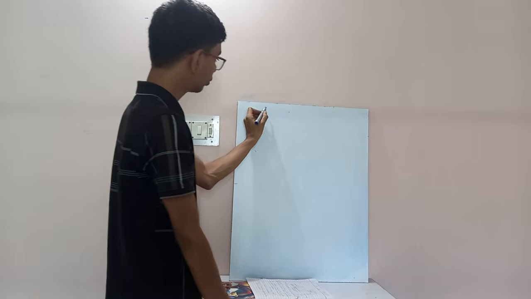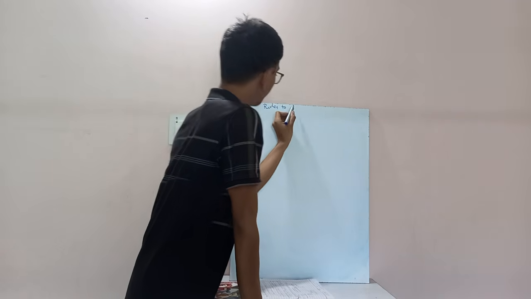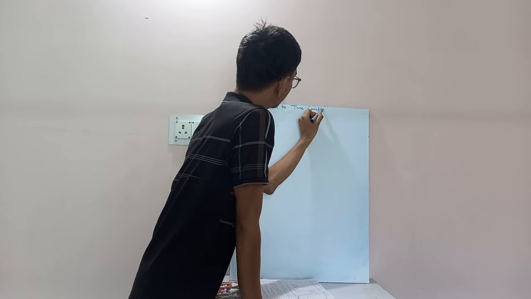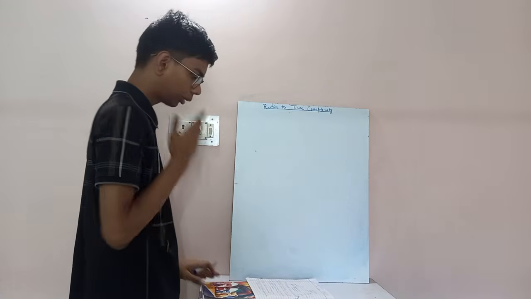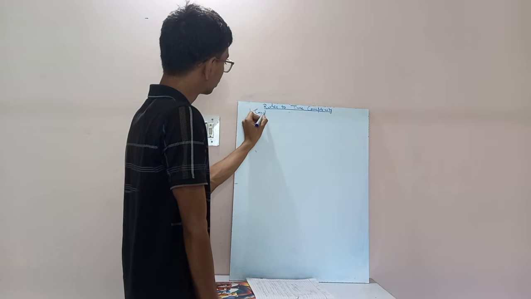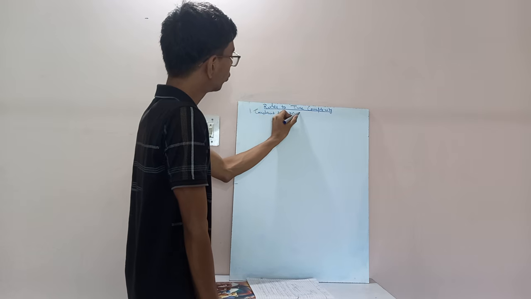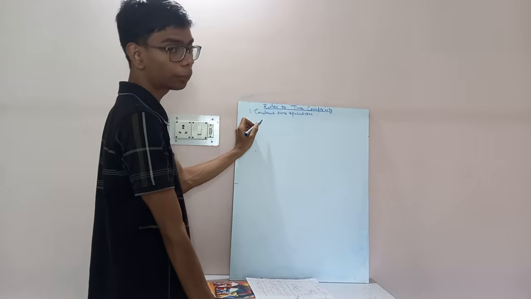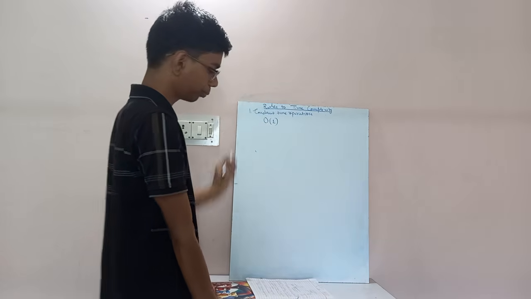So, certain rules are there to calculate time complexity. First, constant time operation. Suppose I have to find only one element in my algorithm, then the time complexity of mine will be order of 1.